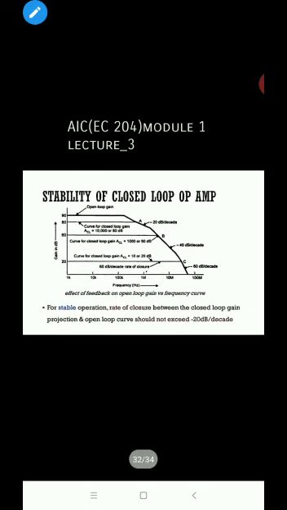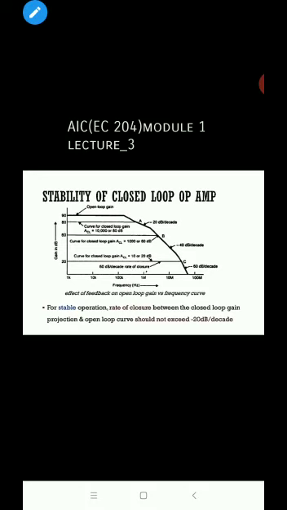This is the graph showing the stability of a closed loop op-amp. Gain in dB: first it shows the effect of feedback on the open loop gain versus frequency curve. Here we have 1 kHz to 1 MHz.